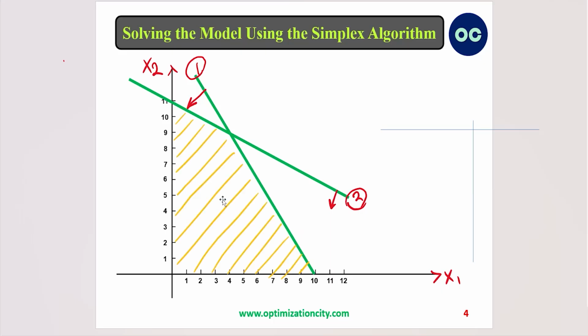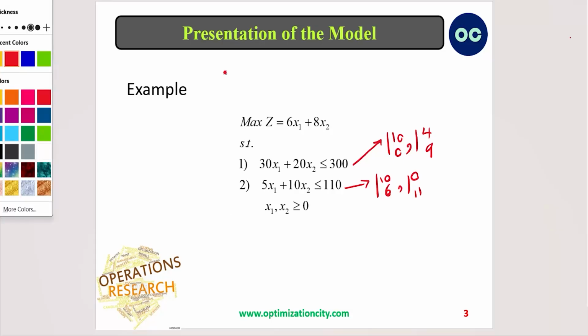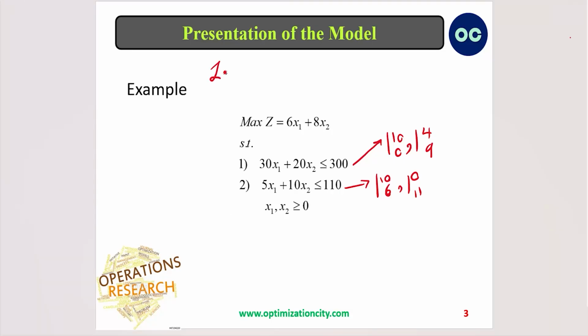To find the optimal solution, we plot the objective function for z equal to 0 and z equal to 24. If z is equal to 0, we have two points, (0, 0) and (-2, 1.5).